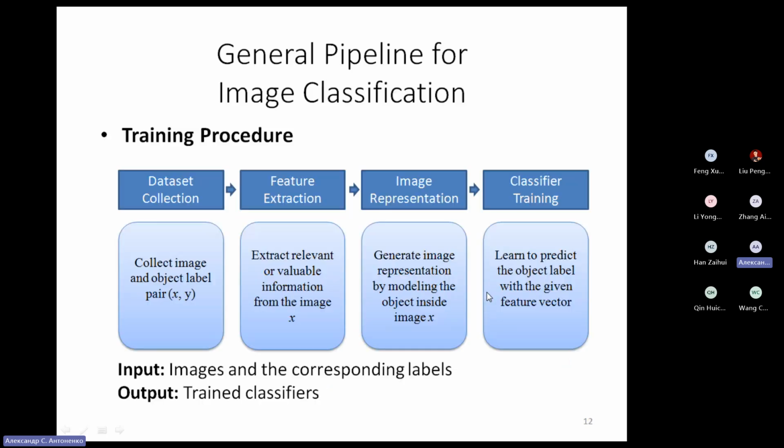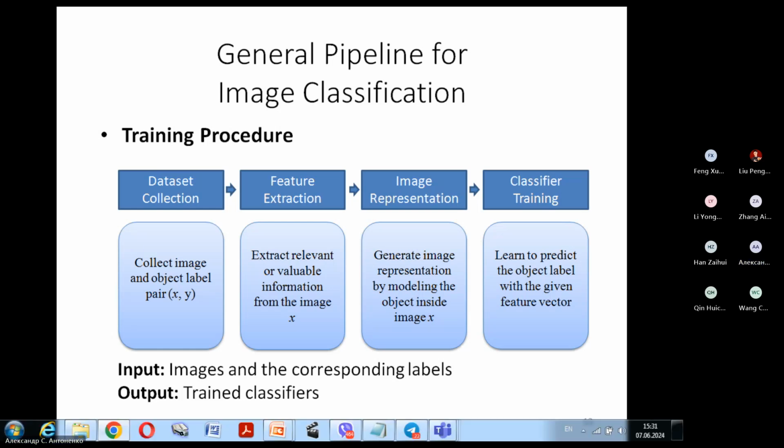Okay, so let's describe the general pipeline for image classification.